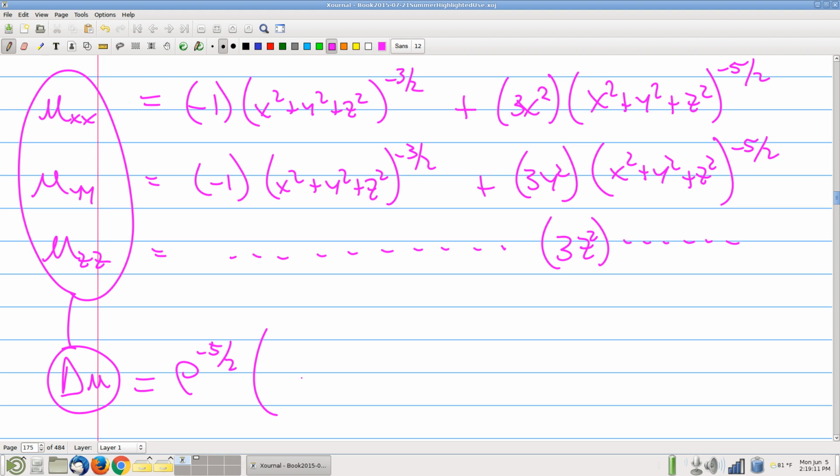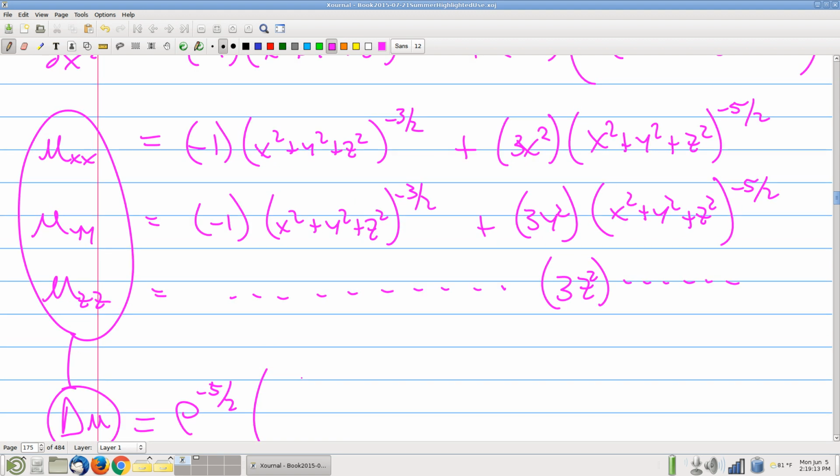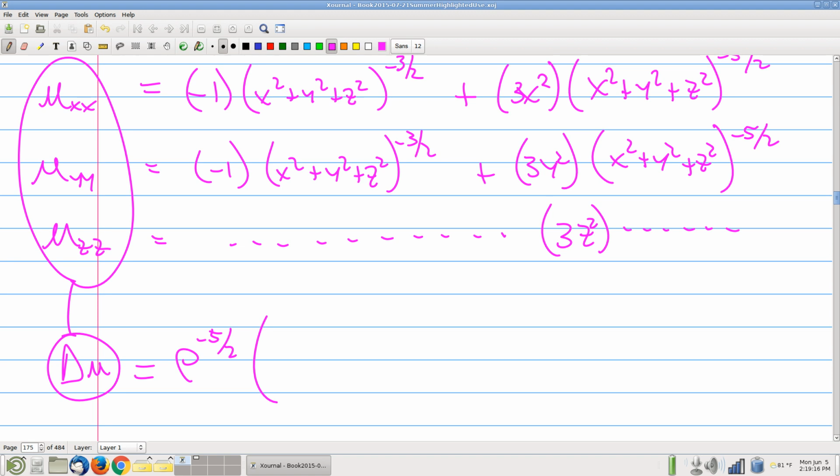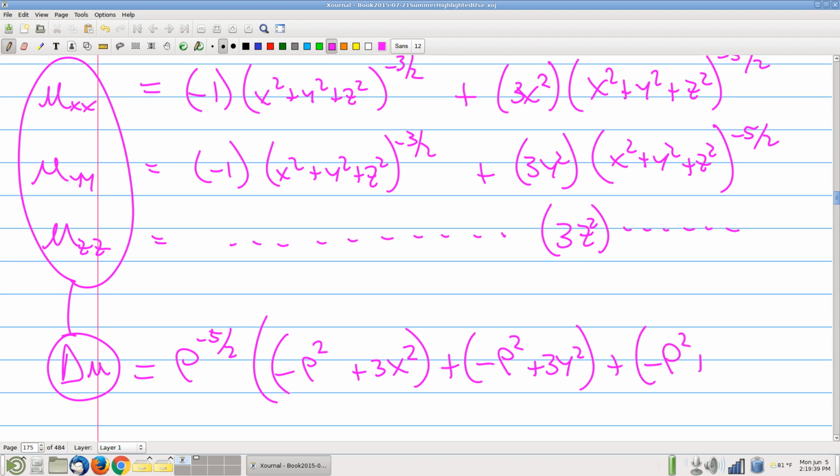Okay. So then I'm going to have, I don't know why I didn't think of this earlier, I'm going to use rho to represent x squared plus y squared plus z squared. Okay. So I have negative rho squared plus 3x squared, negative rho squared plus 3y squared, negative rho squared plus 3z squared. Yeah? Make sense? Okay.